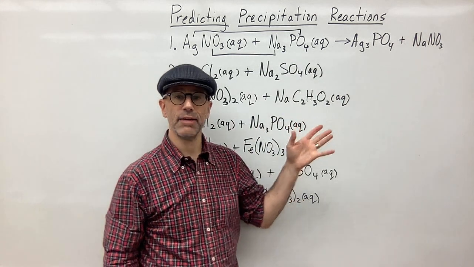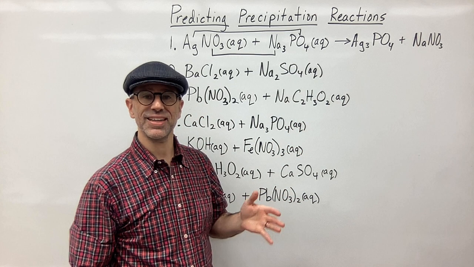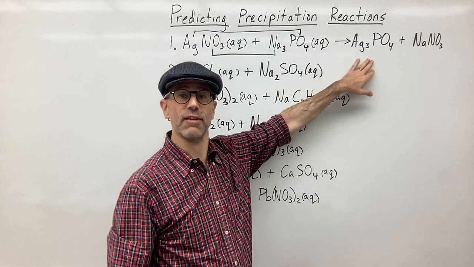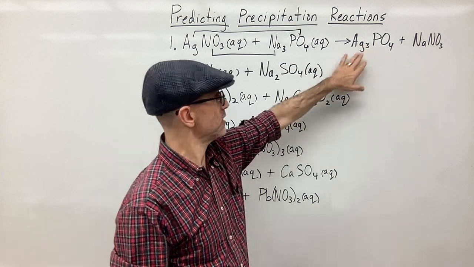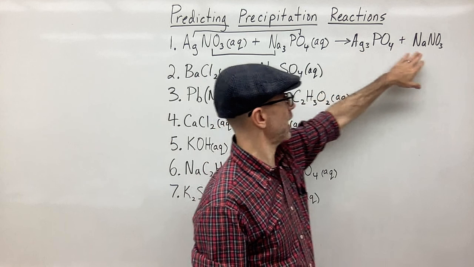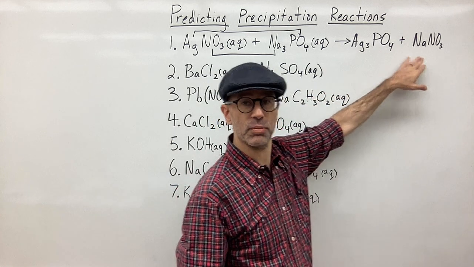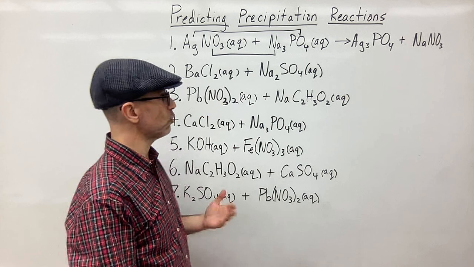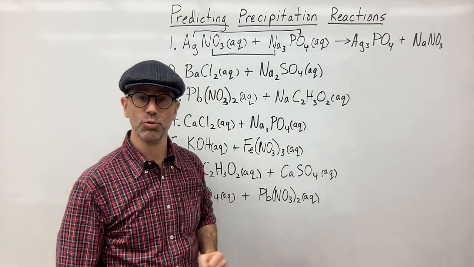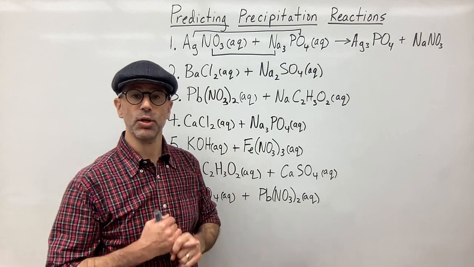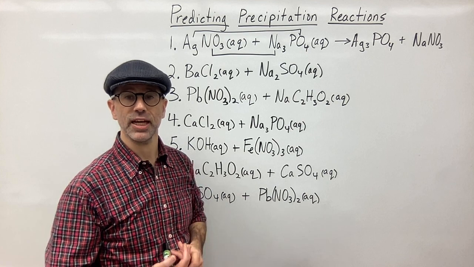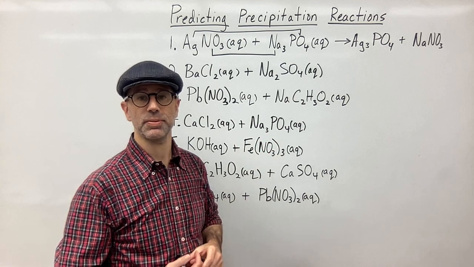So now that I have my two products, the next thing you need to do is to determine the state of matter these are going to be. Are these going to be aqueous, or are one of them going to be a solid? Is it going to precipitate? Well, that's where the solubility rules come in. So you need a solubility table or solubility rules that you can look up to see if anything is going to precipitate out.